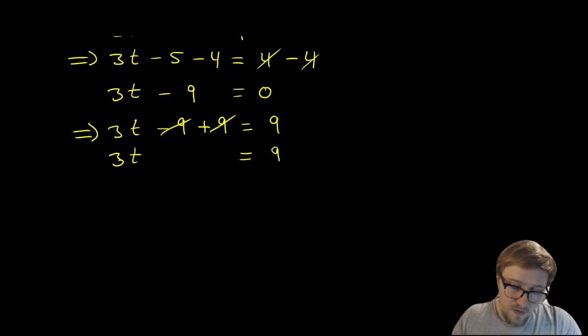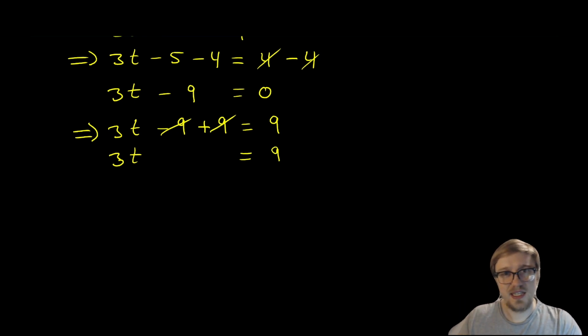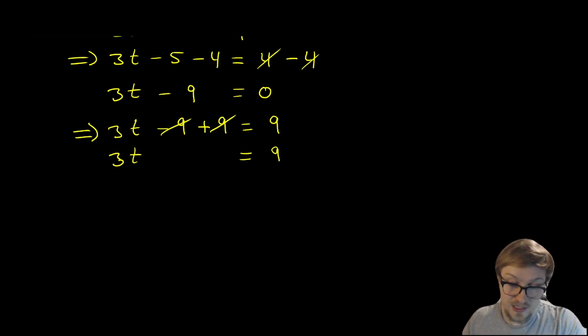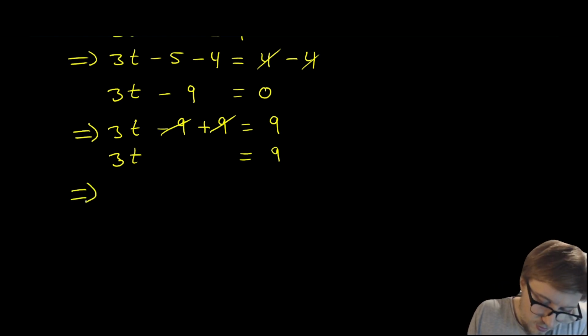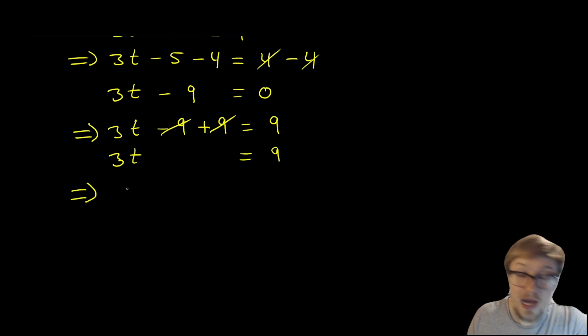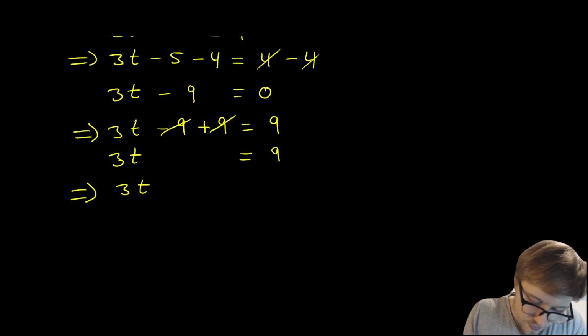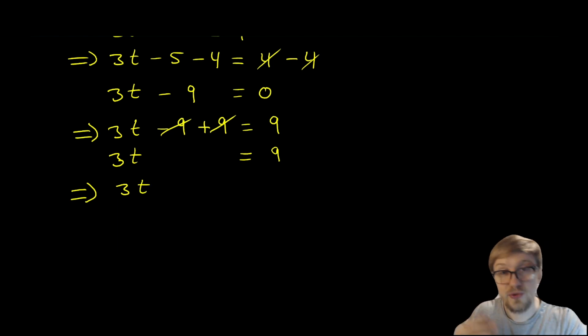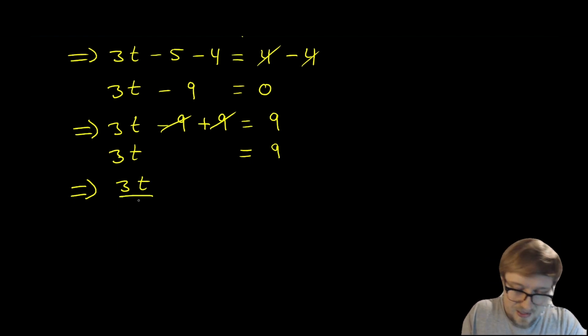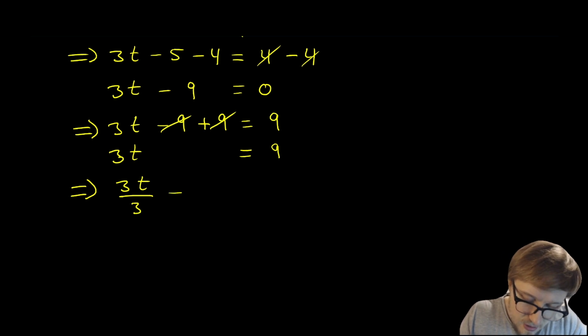Okay. Now finally we want to divide by the factor that's sitting in front of the t, which in this case is 3. So we want to divide both sides by 3 in order to isolate the t that we want to solve for. Okay.